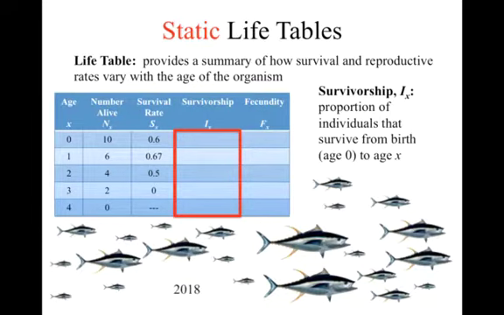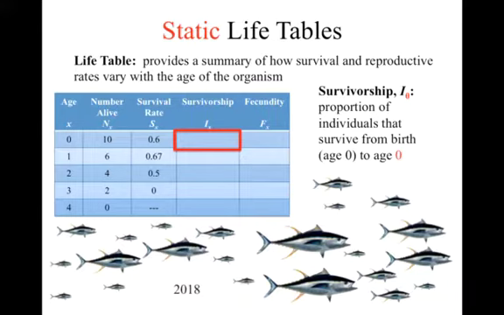Survivorship, again, we can calculate based on the numbers alive in our first column. But again, you've got to be careful and not confuse survival rate and survivorship. So survivorship is the proportion of individuals that survive from birth, or age 0, to age X. So my year 0 survivorship is the proportion of individuals that survive from birth to age 0.